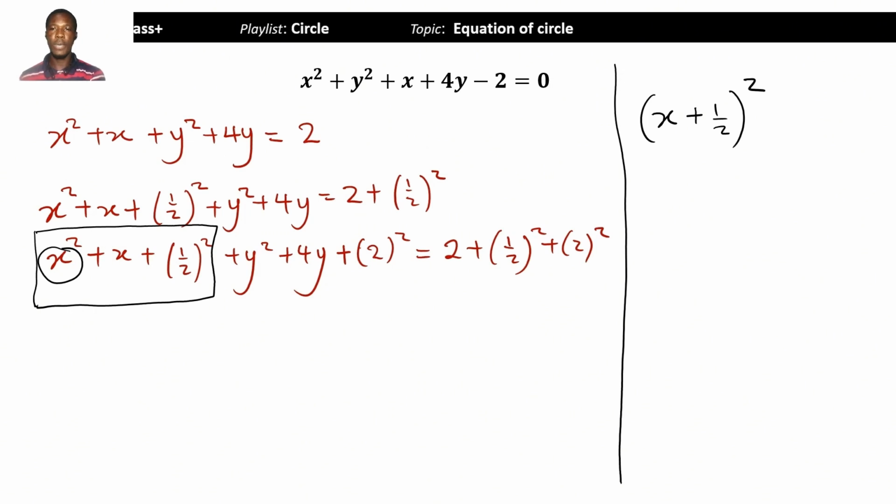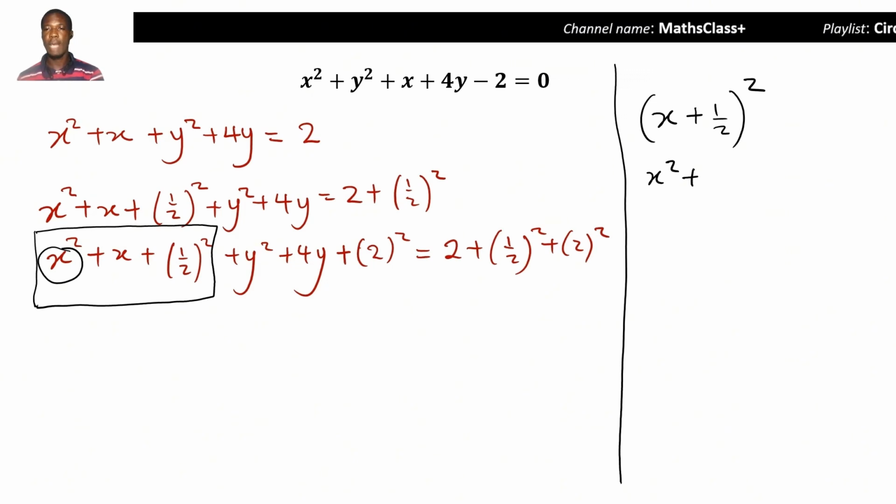Now let's see, when we expand this, we use the perfect square method to expand this. Let's see what the result will be. So x squared plus x times 1 over 2 times 2. That will give us x.